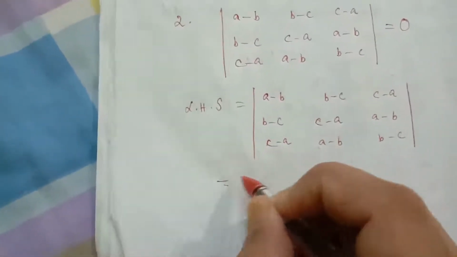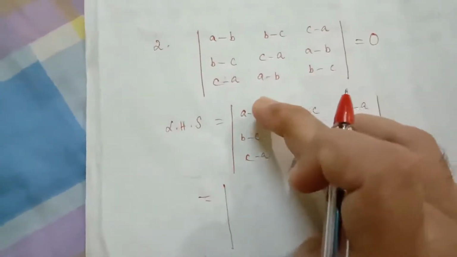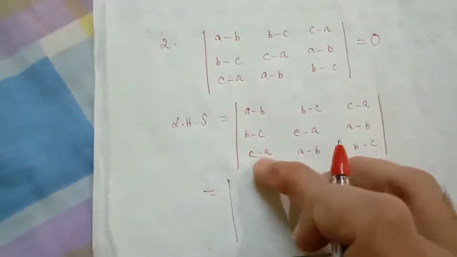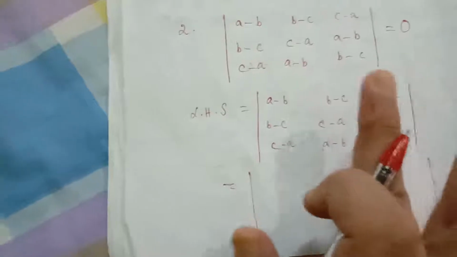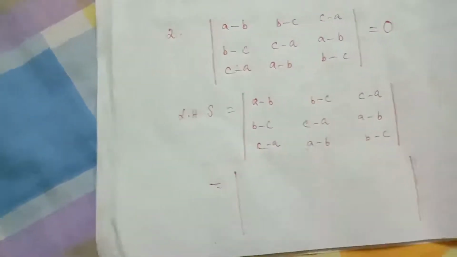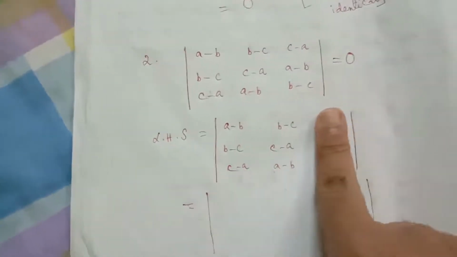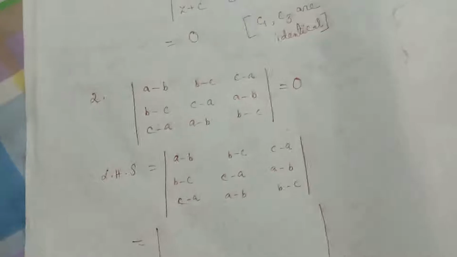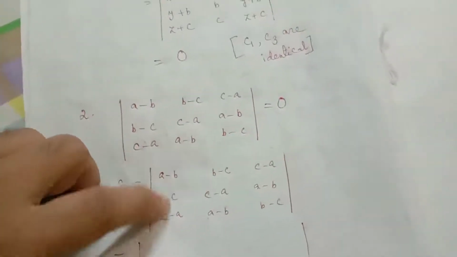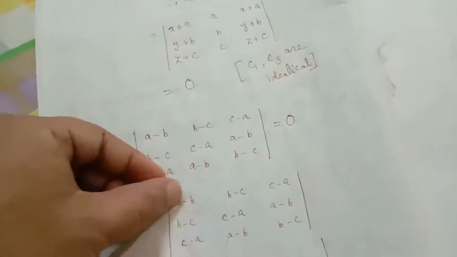We have to prove the value of this determinant is equal to 0. Now how to prove? You can see these three elements a minus b, b minus c, c minus a are also there in the second column and in the third column. Although the order is not the same, these three elements are the same.